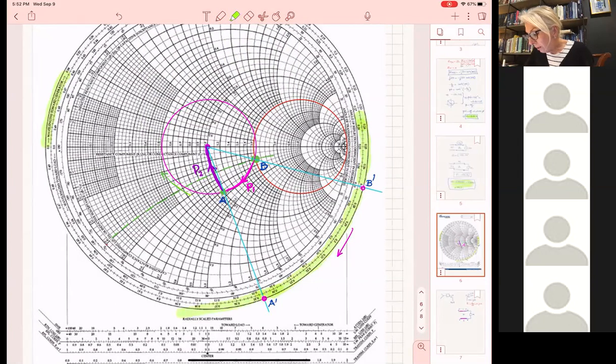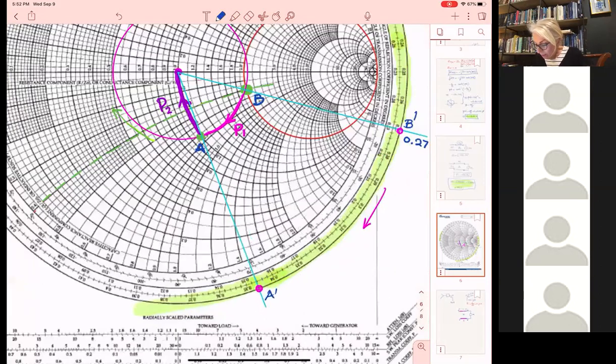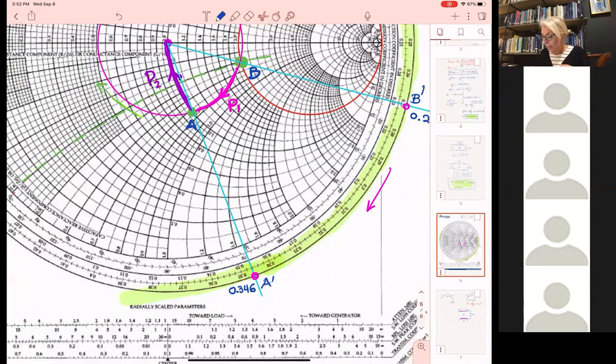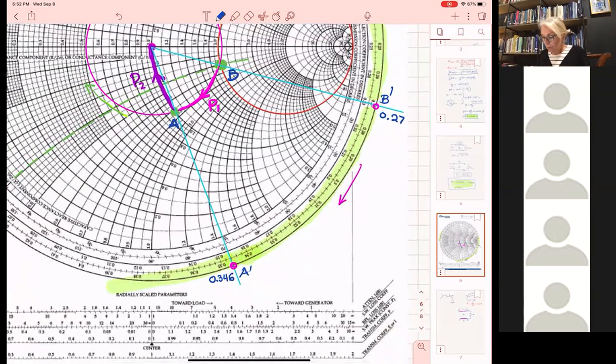So the outer circle gives me at this point 0.27. And when I read here, I see 0.34, 0.35, 0.34246. And this one gives me 0.346.